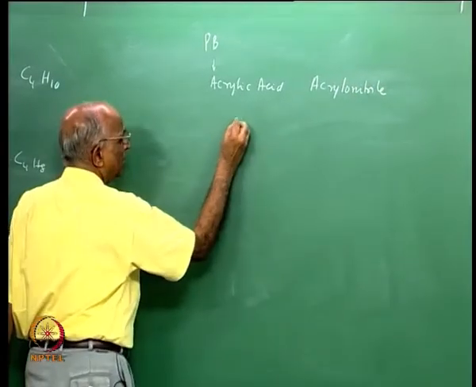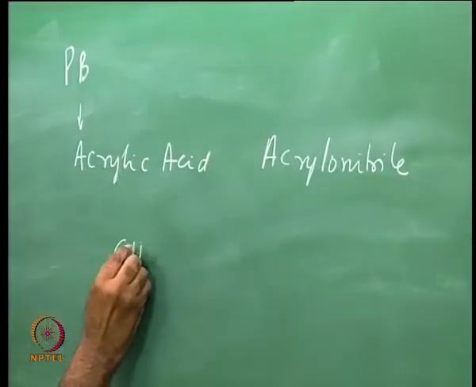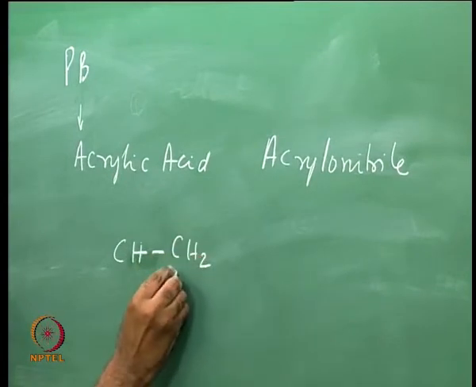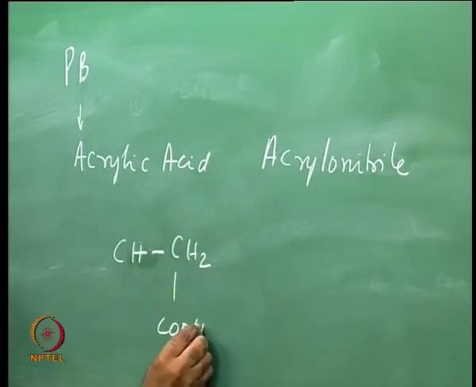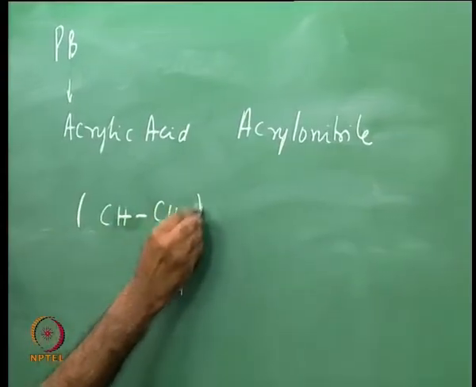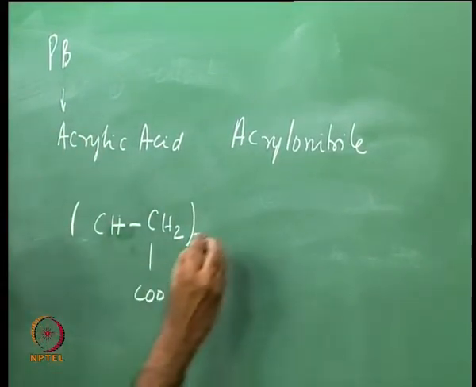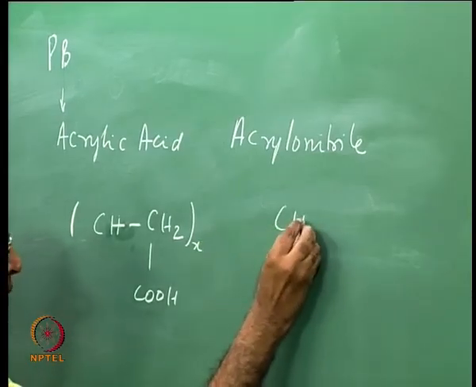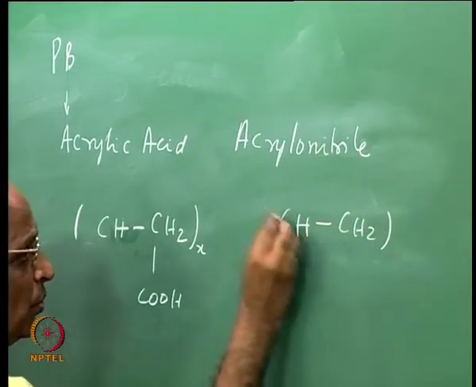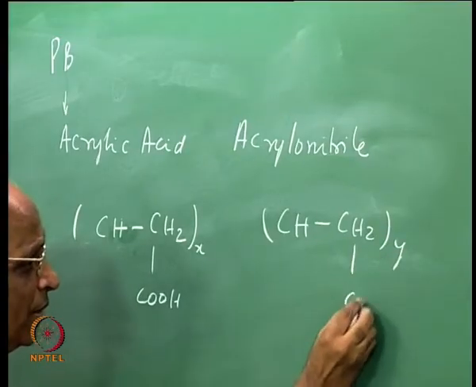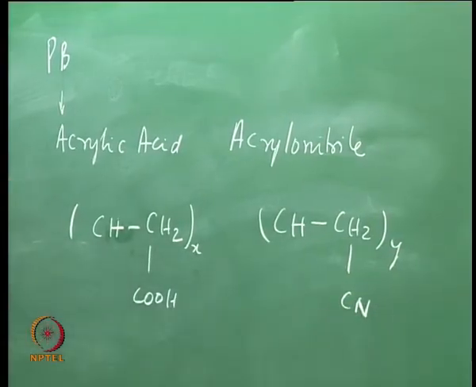What is acrylic acid? I have CH, CH2, giving carboxylic acid COOH, maybe X times this, and this is acrylic acid. Similarly, acrylonitrile is CH, CH2, maybe Y of CN, acrylonitrile. And what is it I do?